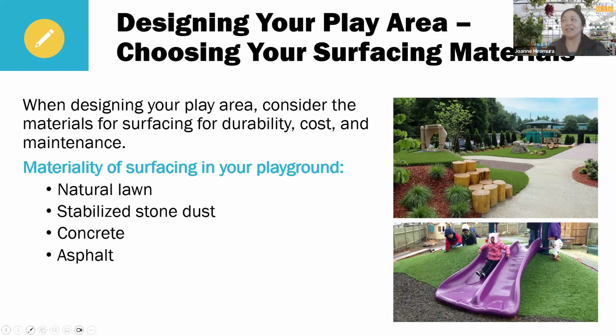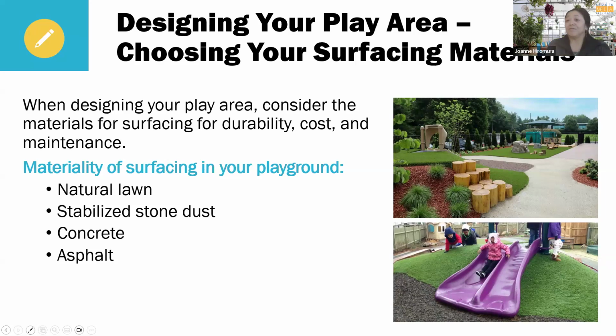We use it in our designs in the stabilized form, so it has an adhesive binder. So it gets almost as hard as concrete. Not quite as hard, but it's a natural material. It takes a little bit more maintenance than concrete. It probably costs a little bit more than concrete. I think that's a picture of it on the top right there.